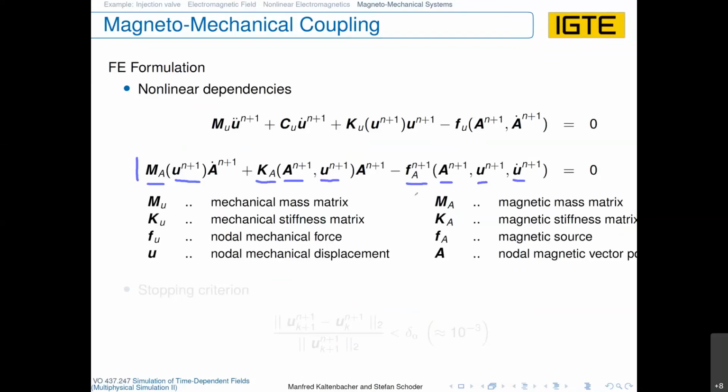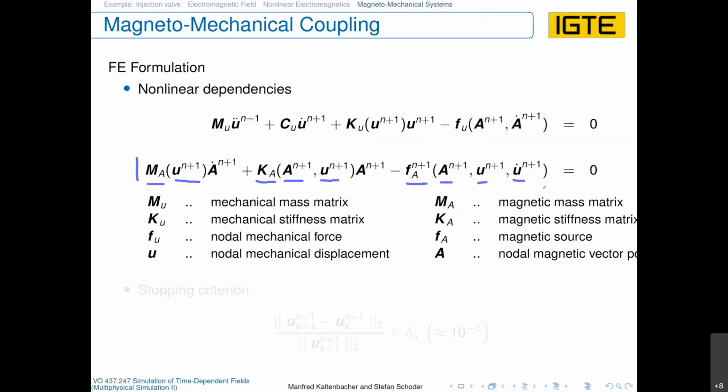So we have quite a lot of nonlinearities, but when we assume that our deformed geometry is frozen for the part when we compute the magnetic field, then all the dependency on the mechanical parameters are gone, and we just have the nonlinearity according to the nonlinear constitutive material law between the magnetic flux or magnetic induction and the magnetic field intensity via reluctivity or permeability.